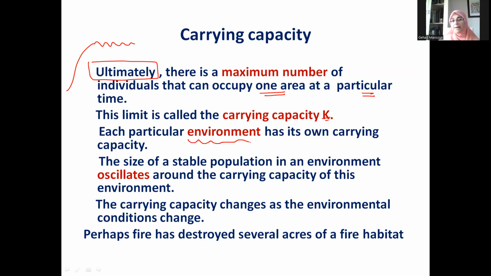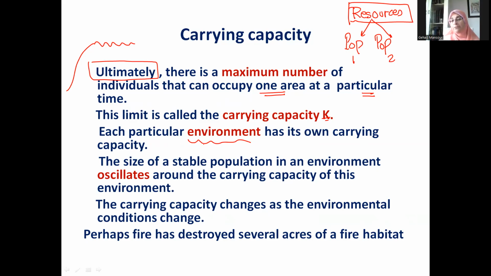Every environment has its own carrying capacity, absolutely, but at the same time, it also depends on the type of individuals that are living in that environment. If we assume that the environment has a constant amount of resources, these resources might be enough for population 1 to live for a year, for example, but if population 2 consists of bigger animals or animals that eat more grass, then the resources might be enough only for a shorter period of time.